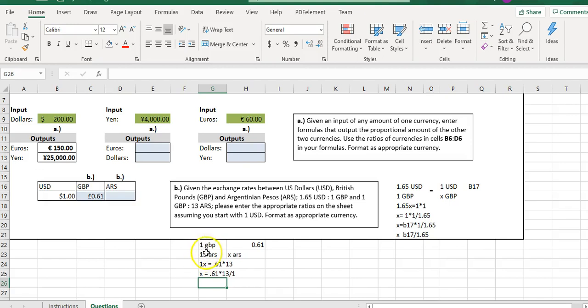Well, the 1 and the 13 are located in this table of information, so I have to just leave that alone. I can't do anything with that. The 0.61 is located in C17, right? So again, down here, I don't want to do 0.61 times 13. I want to do C17 times 13. Okay, so I'm going to let you do that.